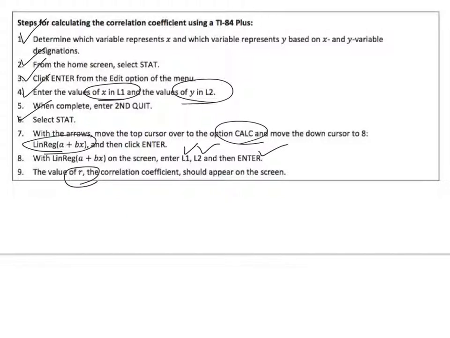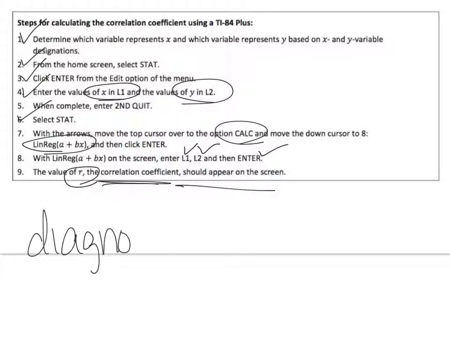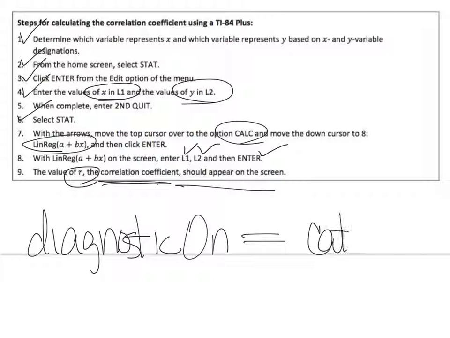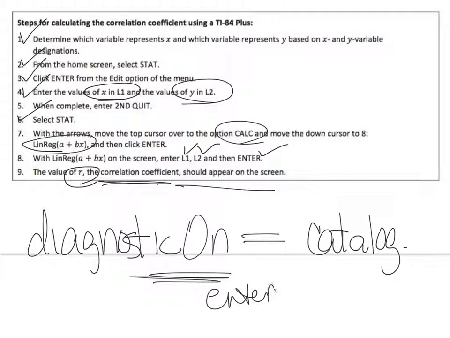The value of R, which is the correlation coefficient, should appear on the screen as long as you have your diagnostic on, which you find by going through the catalog. So turn your diagnostic on and hit enter, and you find that through the catalog.